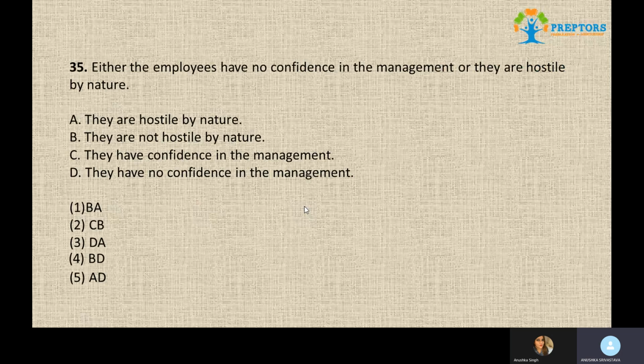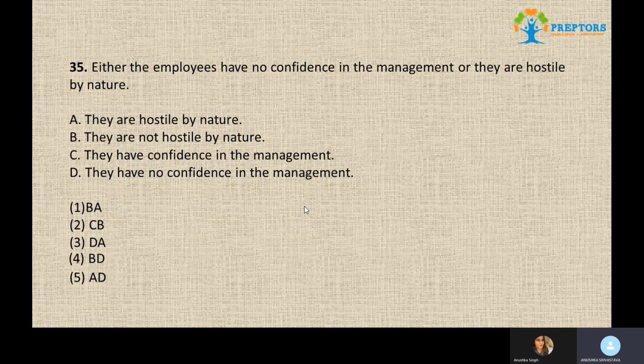Now this is again a tricky question because this involves negation. Either the employees have no confidence in the management or they are hostile by nature. No confidence in the management is X. Remember, no confidence in the management is X. Hostile is Y. If I say no confidence, it becomes double negative, so it becomes confidence.